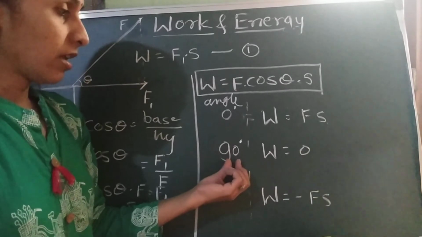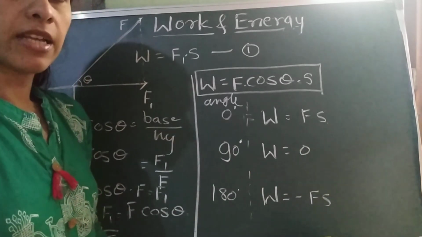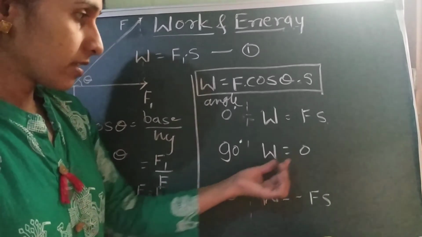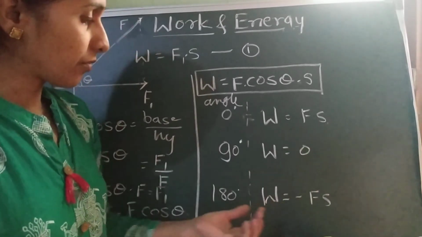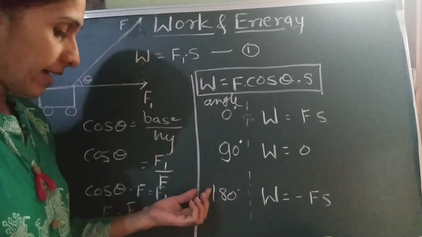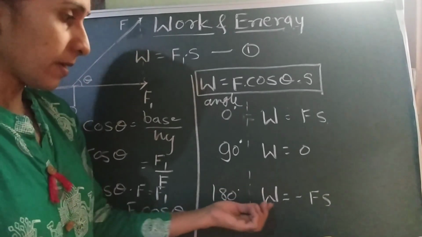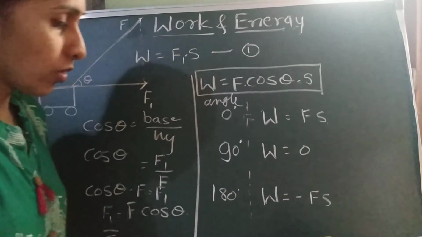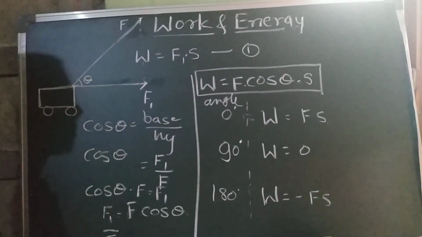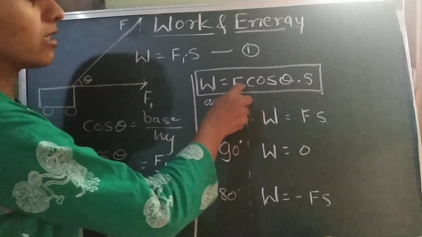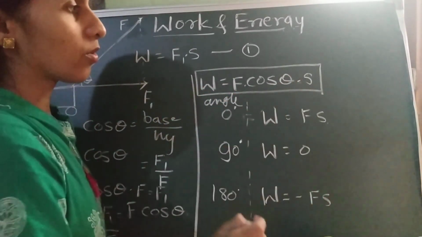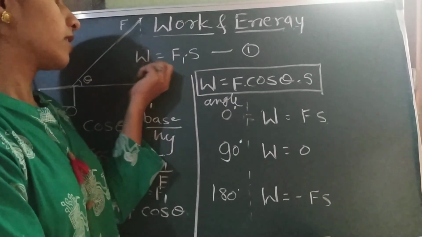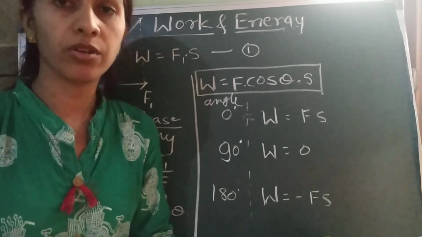When the angle is 90 degrees, there is no work done, zero work done. When the angle is 180 degrees, work is done, but it is negative work done. So this is the formula related to work done: W is equal to F cos theta into S, which you have to consider.